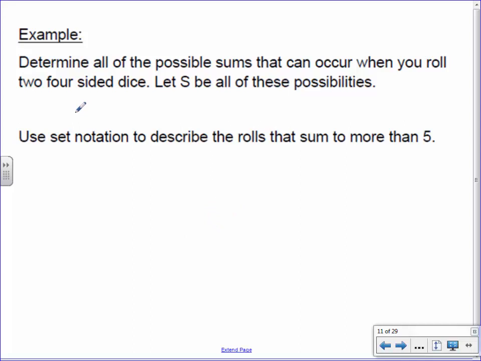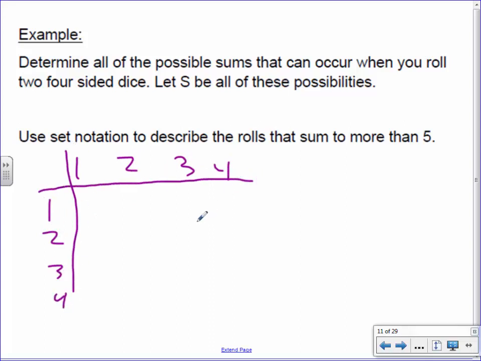Okay, let's try another example here. You've got two four-sided dice. S is all the possibilities. I'm just going to write them out here. You've got a 1, a 2, a 3, and a 4, and then you've got a 1, a 2, a 3, and a 4 on your two dice. So you could have 1 with 1. You could have 2 with 1, 3 with 1, and 4 with 1.